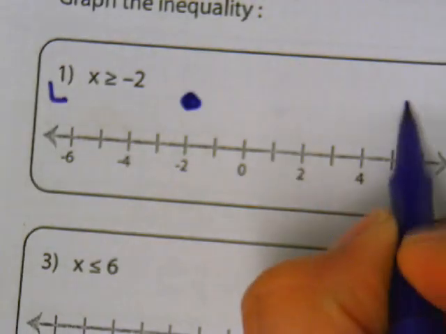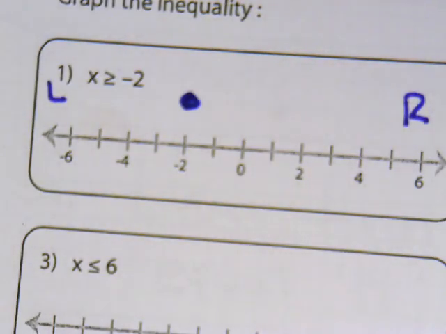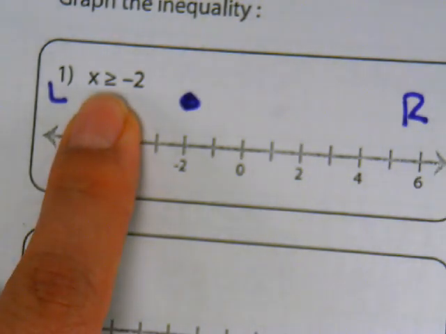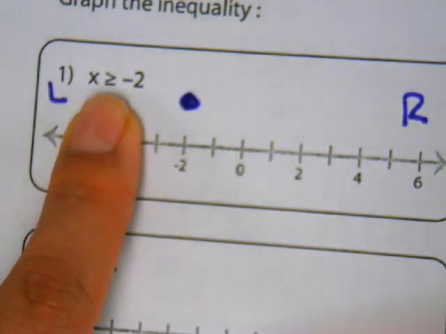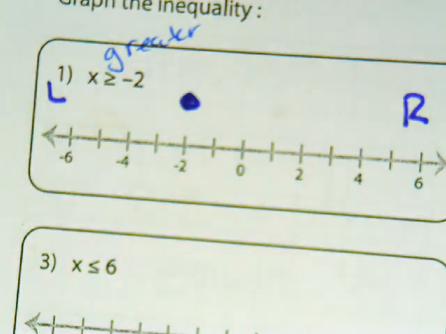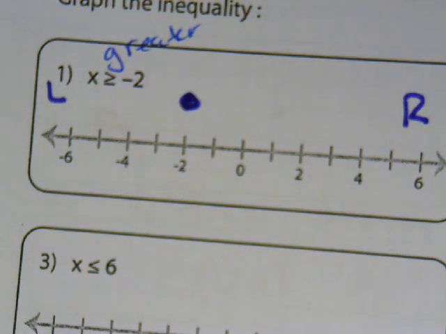Left, right. Now, what am I looking at? I'm looking for numbers that are, what do you call this symbol? Greater. I'm looking for answers that are greater than -2. So which side gives me numbers? Just pay attention so we understand this. Which numbers are greater than -2?